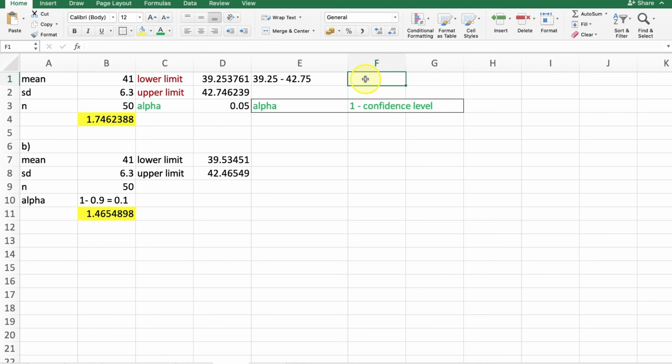So this is our 95% confidence interval, whereas for 90% it's 39.53 to 42.47. Okay, class, this is the confidence interval at 90%. 90% CI. CI for confidence interval.